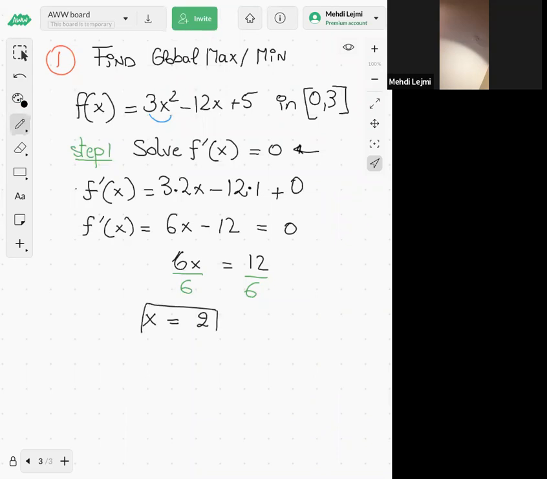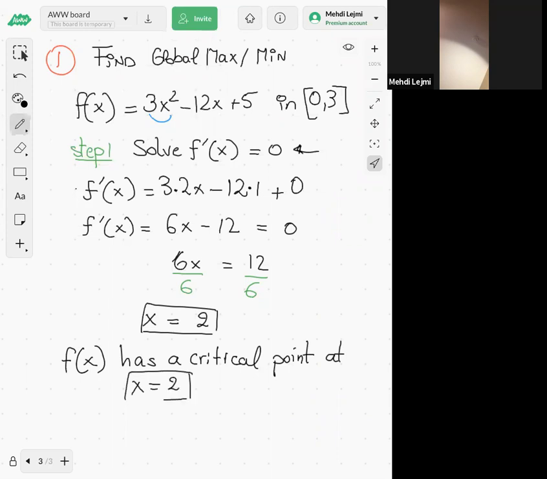That's my critical point. So f of x has one critical point at x equal to 2. That's the first step: I got my critical points.